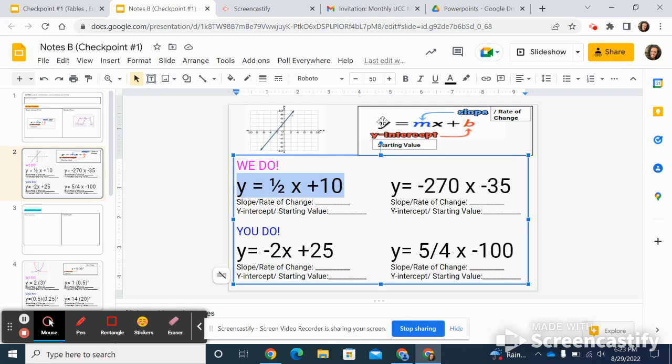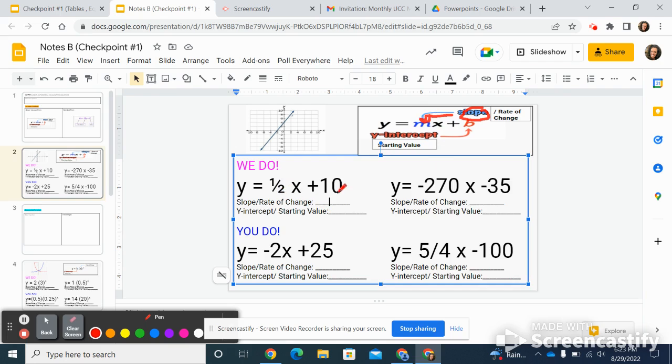It looks just like my y equals mx plus b. They look the same. It's linear. The first thing I'm asking you is, what is the slope or rate of change? Well, if I look at my picture up here, I see the word slope, right? And it's pointing to whatever number is in the M spot.